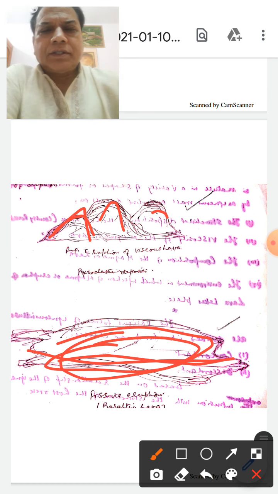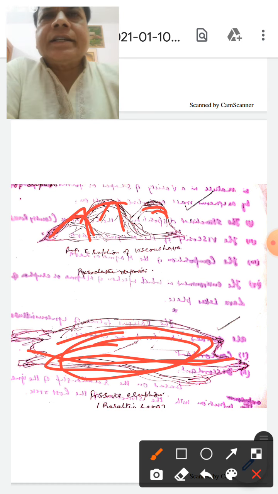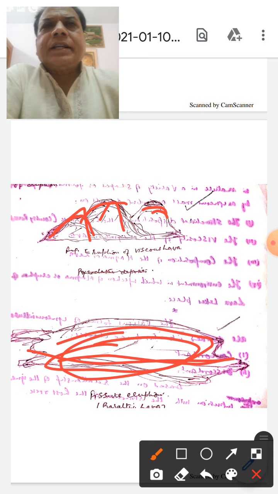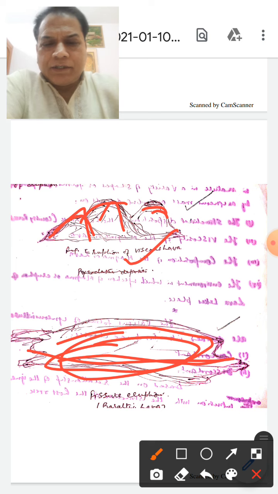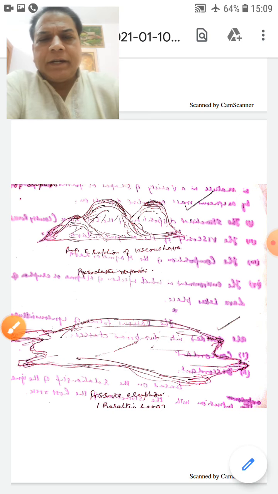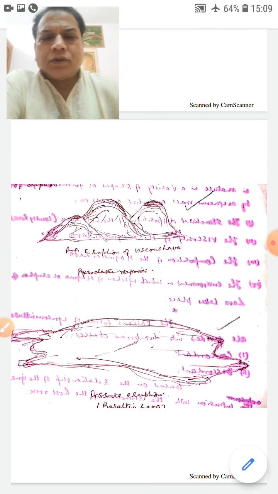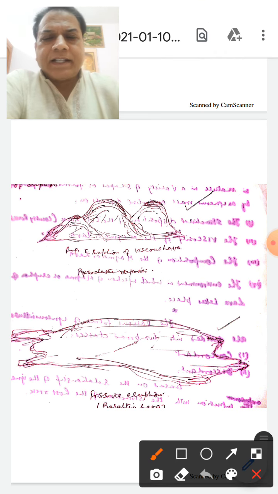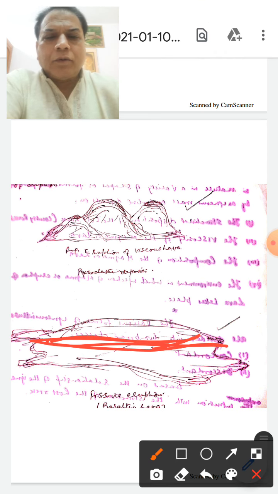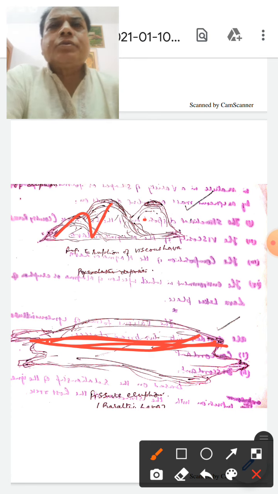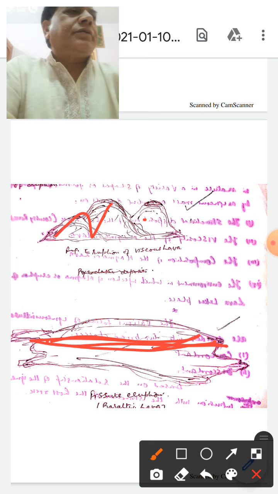This is the orifice of eruption. This is heaped up. This is the eruption of viscous lava. This is the fissure eruption of the basaltic lava. So in the first case they get heaped up, right? And in the second, the basaltic, they get elongated in the direction of flow, because here the viscosity is less, so they have more mobility and they flow, whereas the viscous lava gets heaped up. So these are two forms of extrusive igneous rocks.